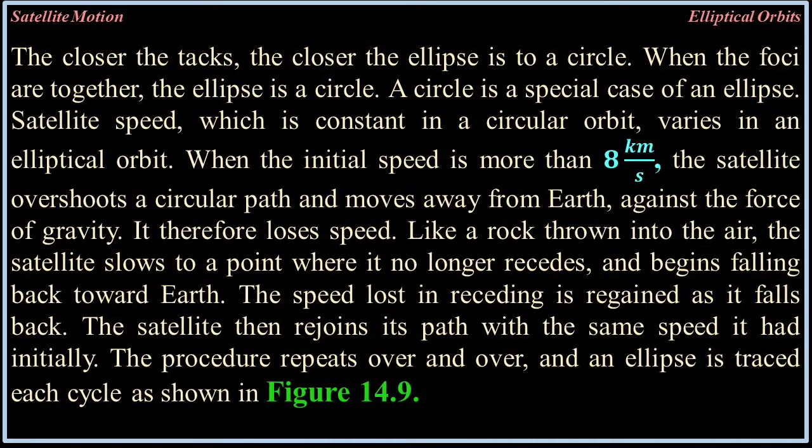When the initial speed is more than 8 kilometers per second, the satellite overshoots a circular path and moves away from Earth against the force of gravity. It therefore loses speed. Like a rock thrown into the air, the satellite slows to a point where it no longer recedes and begins falling back towards Earth.